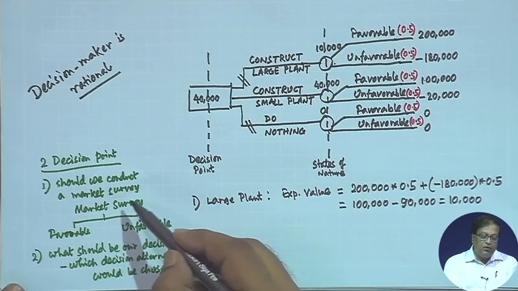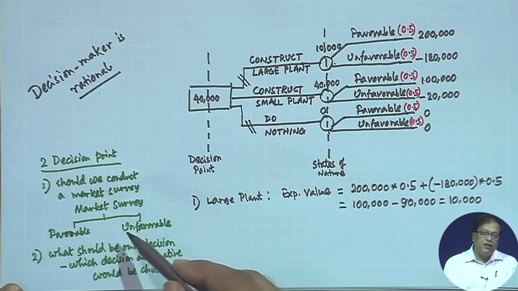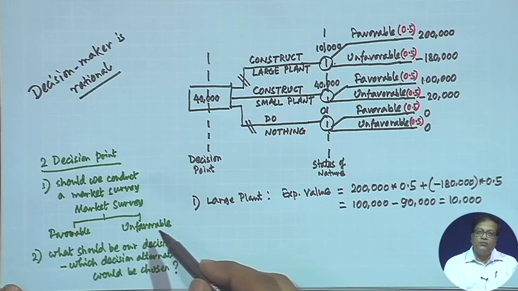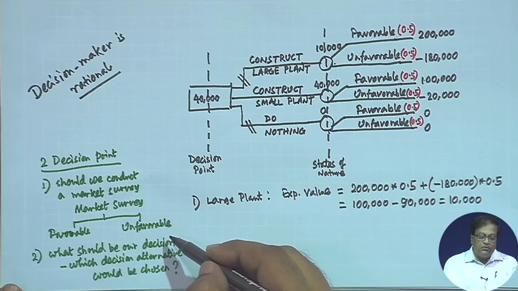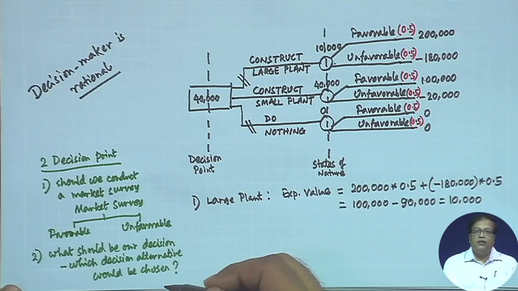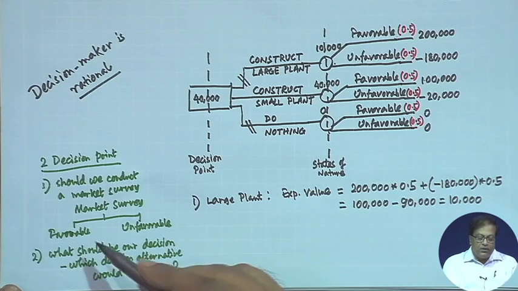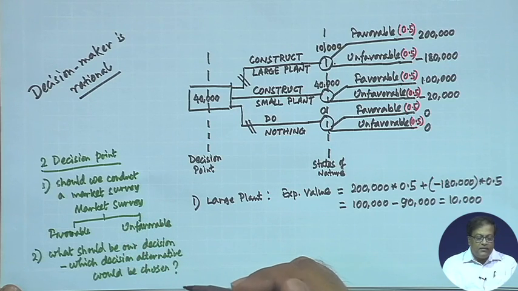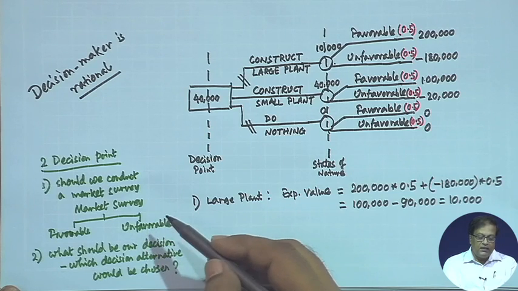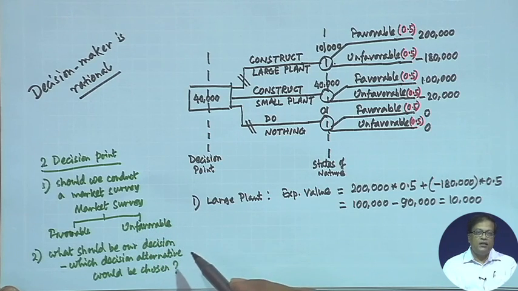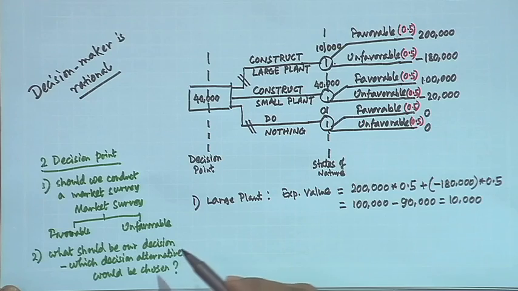First of all, whether to conduct the market survey. Now, the market survey results may come out to be favorable or unfavorable. If it comes out favorable, which decision alternative would be chosen, and if it comes out unfavorable, which decision alternative would be chosen. So, the problem is more complex and requires certain other conceptual understanding such as the Bayesian analysis, which we have discussed earlier. We stop here for this class, and in our next class we shall take it up. Thank you very much.